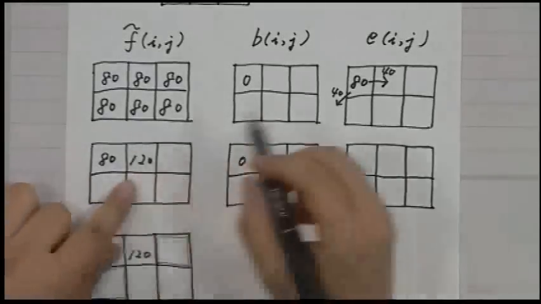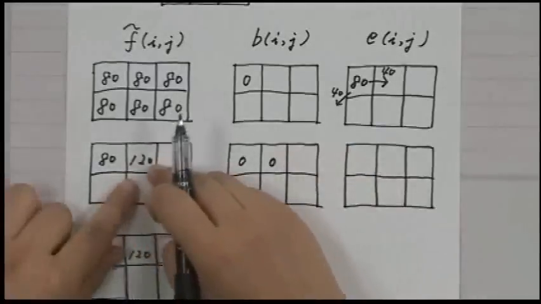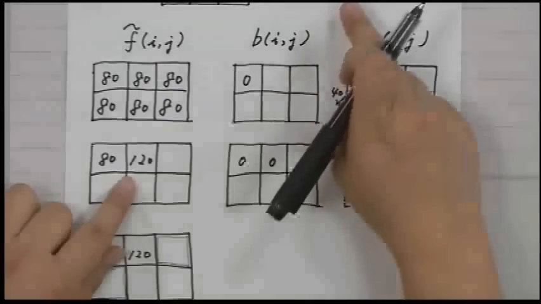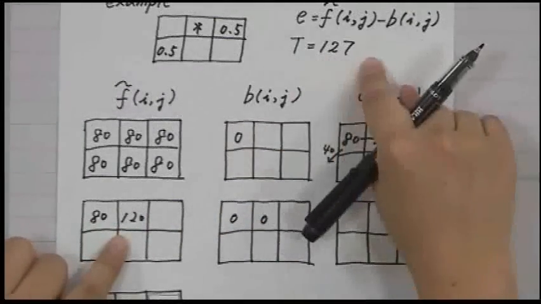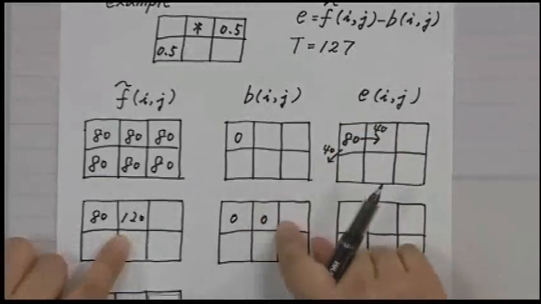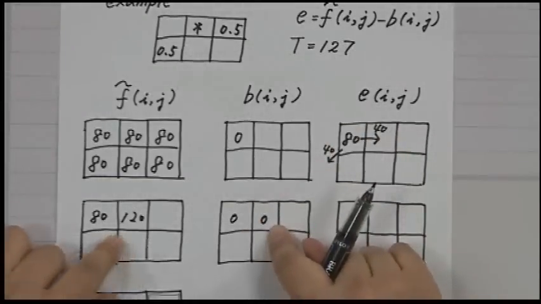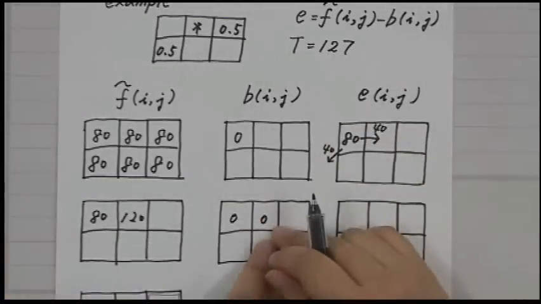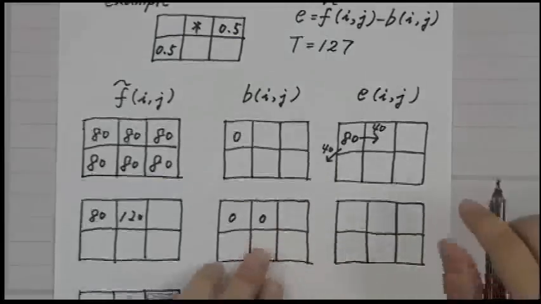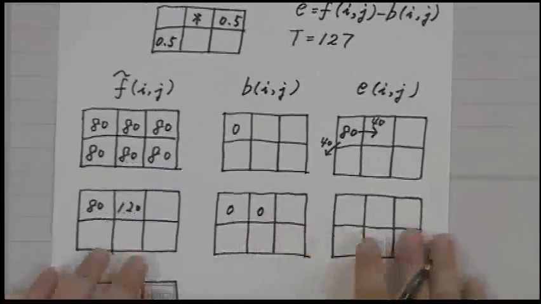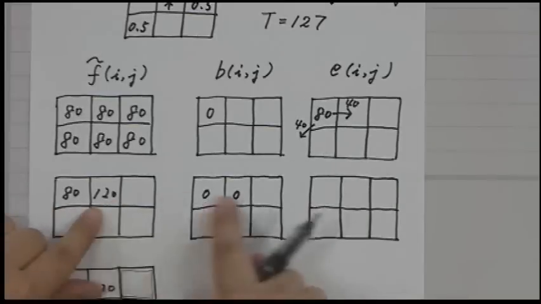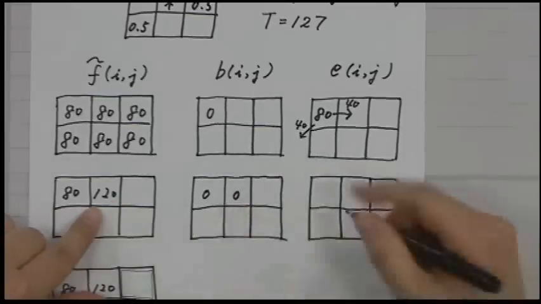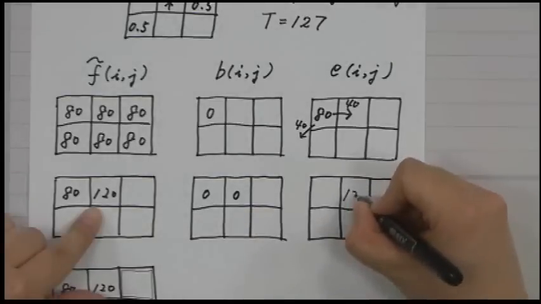And then, okay, now we do thresholding for this. Still, it's less than 127. So we put 0 here. And then again, we need to calculate the error. So now the error is 120 minus 0. So here it's 120.